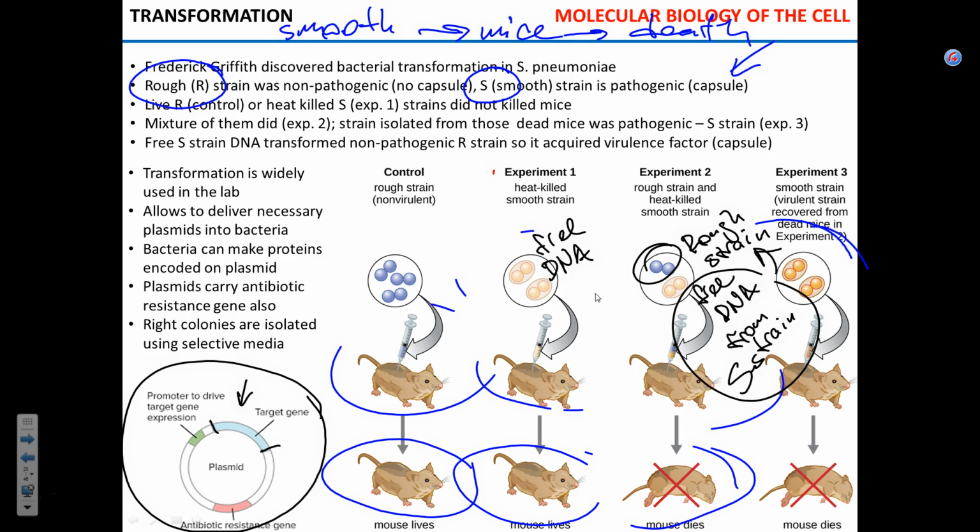Does that make sense? That's just what you do in the lab. And then they start to produce insulin, because you have a plasmid here that contains the gene. This is the promoter that will drive the expression of that gene, and they're going to make insulin. The only problem is that some bacteria will take up the plasmid, some bacteria will not.